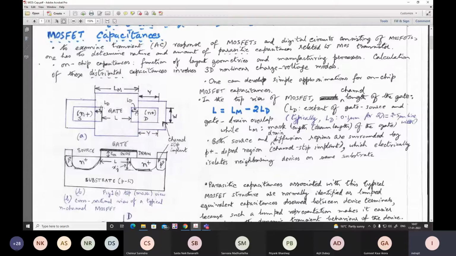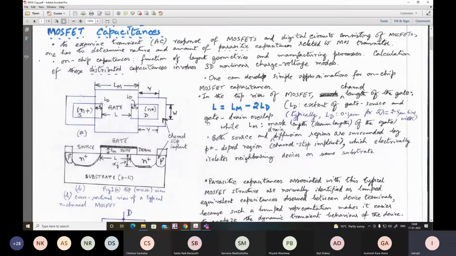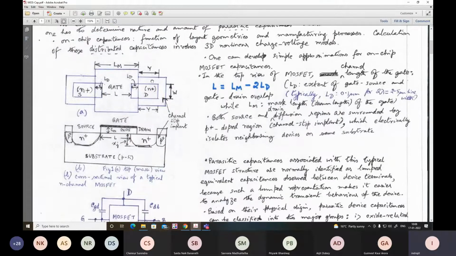But LD, however, is nearly maximum one-tenth of the total mask length. So if, for example, this is 2.5 micrometer, it should be 0.1 micrometer on one side and on the other side, so together it will be 0.2 micrometer. So this allowance and tolerance we have to make. Apart from that, if you look at the drain side, capital Y is the approximated length of the n plus diffusion on this side, similarly here also.